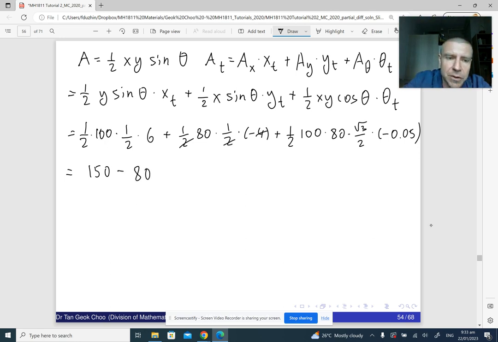Okay, the third term is also negative, so negative. Okay, what do we have here? 80 divided by 2 and by 2 is 20 times 0.05 is just 100 times 100 is just, right? No, stop, it doesn't make sense.